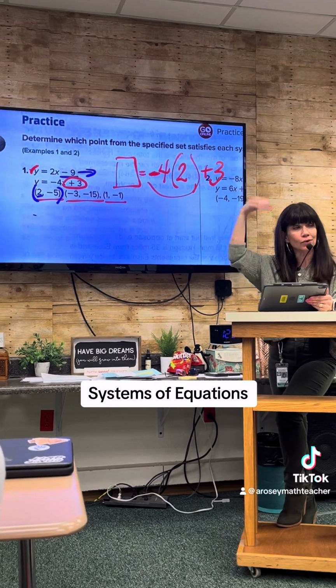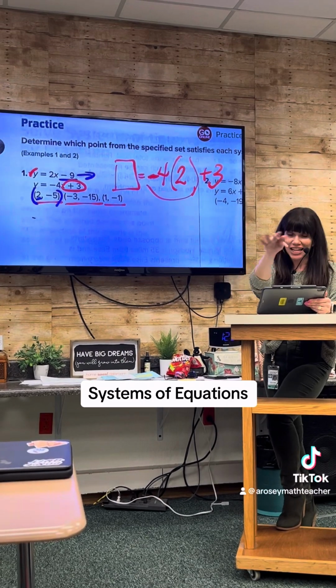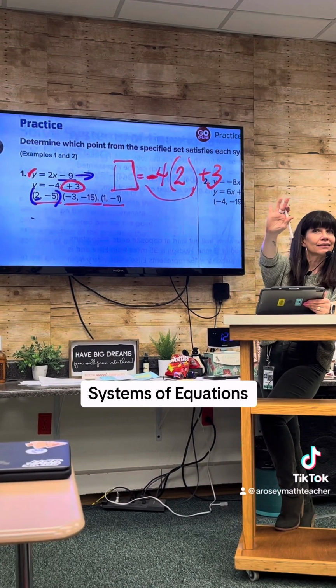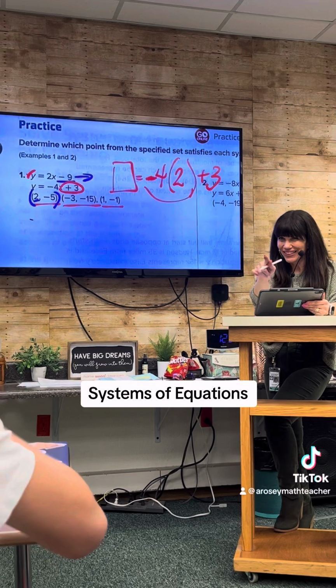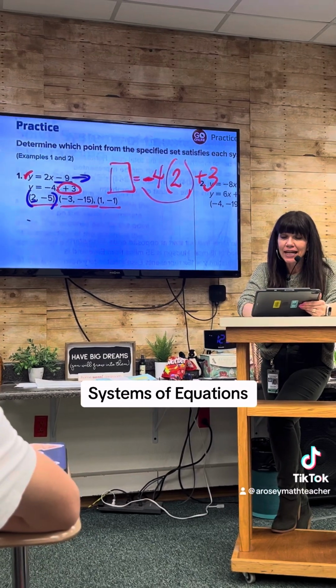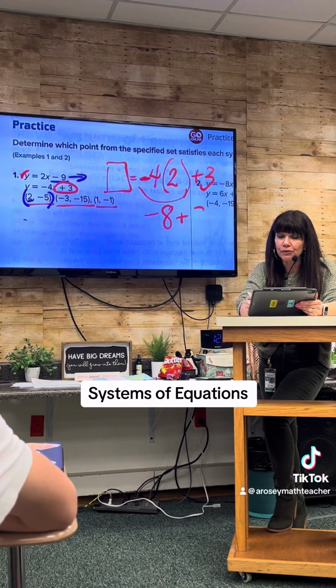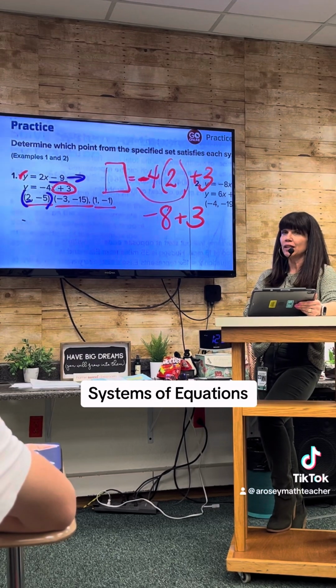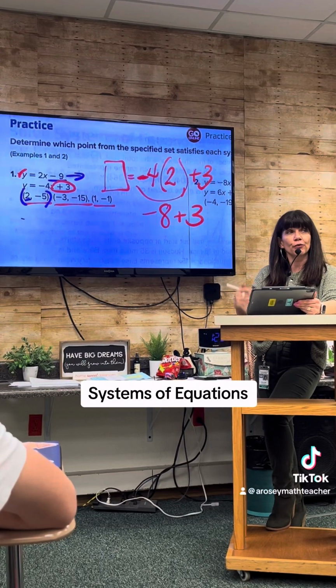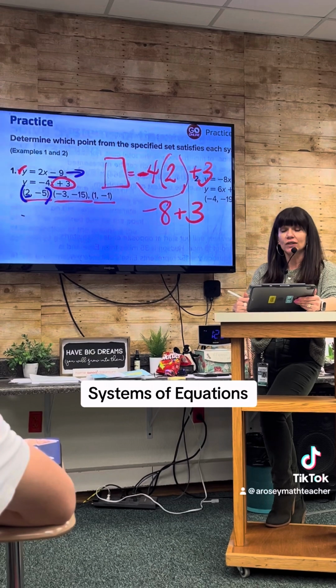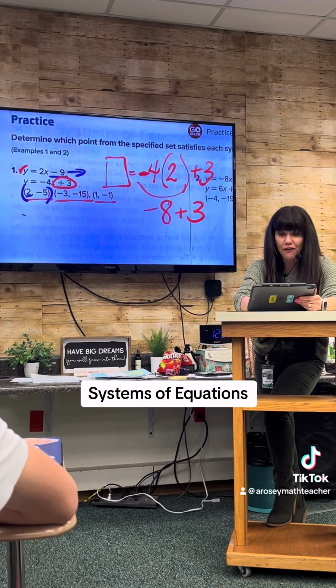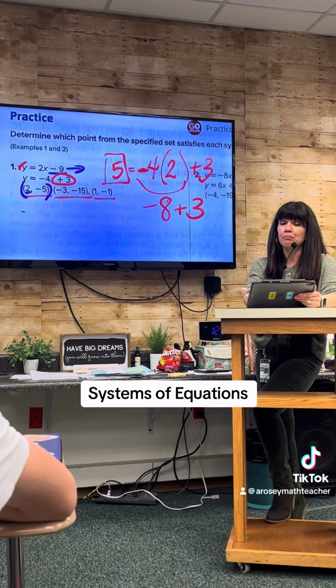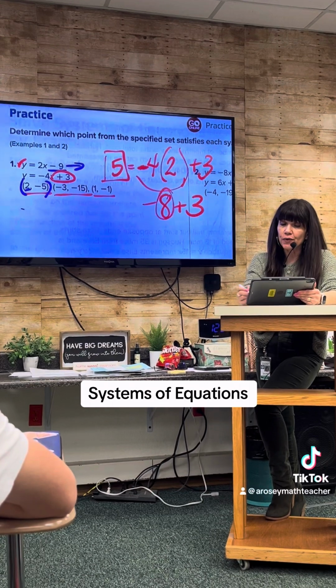Negative 4 times 2? Negative 8. Great job, Landon. Negative 8 plus 3. Okay, so if I have negative 8 and a positive 3, when adding signs that are different, please find the difference. Subtract. What's the difference? 5. And which team had a better score for their team?